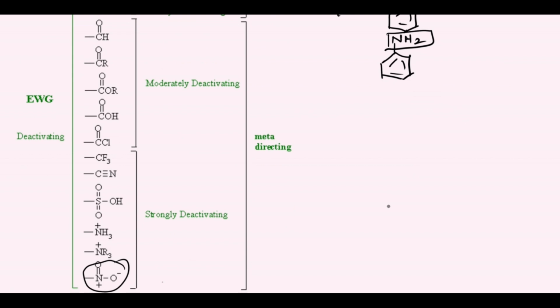While predicting the product, if an electron donating group is there, then you have to go for ortho and para positions.